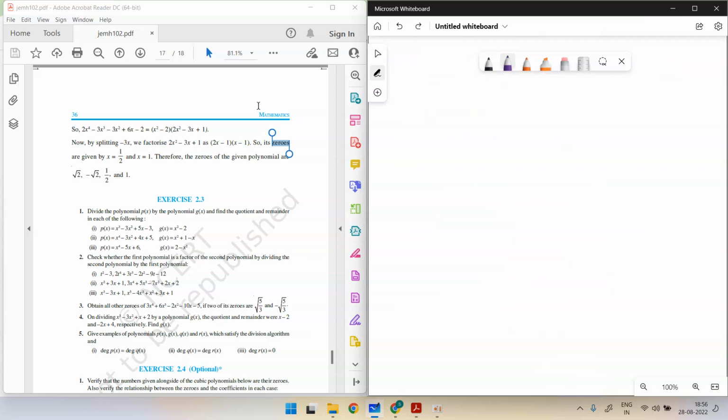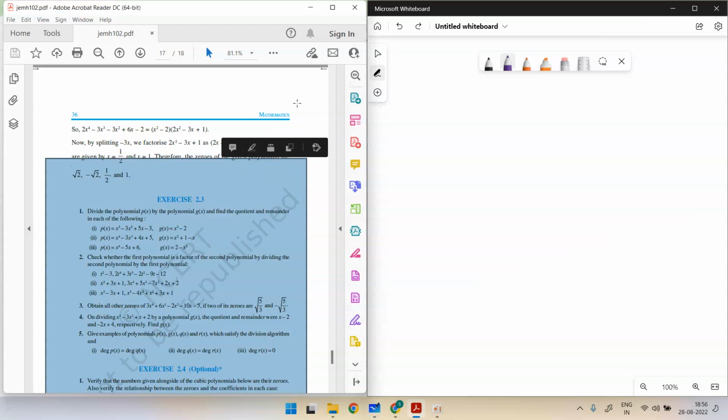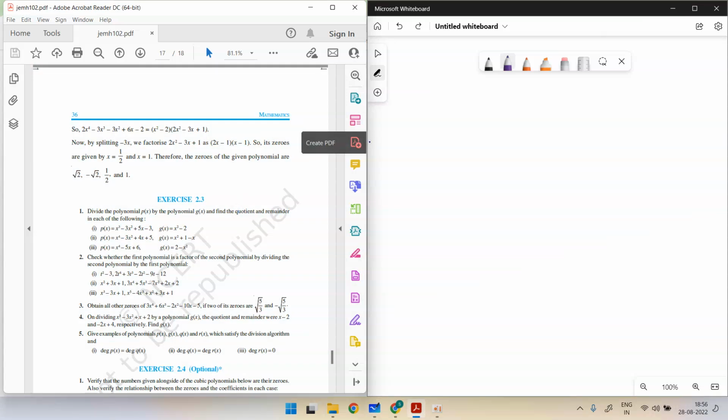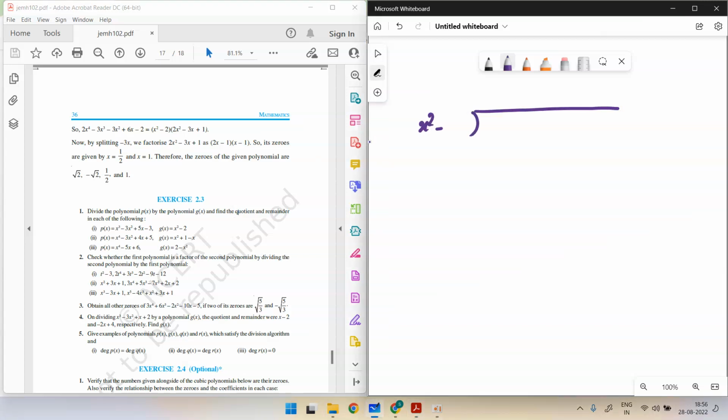So in question 2.3, divide the polynomial x cube minus 3x square plus 5x minus 3 by x square minus 2. First, x cube, x square into x gives x cube, and x times minus 2 is minus 2x.